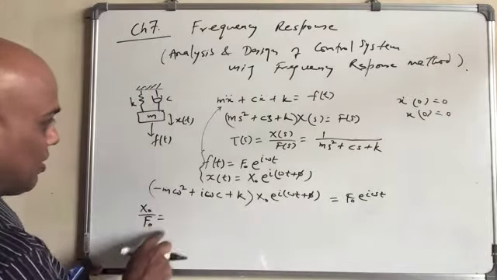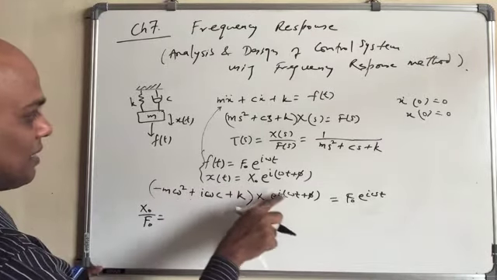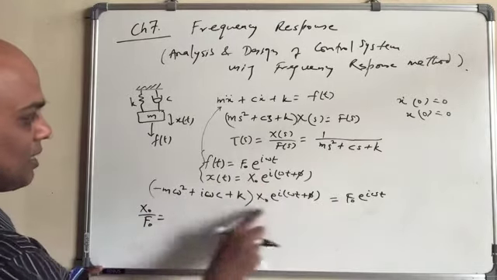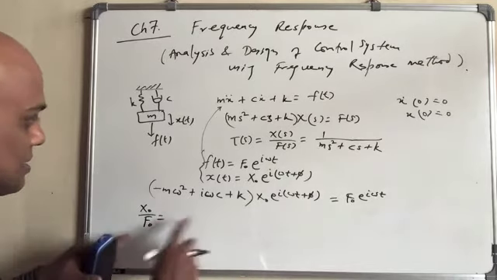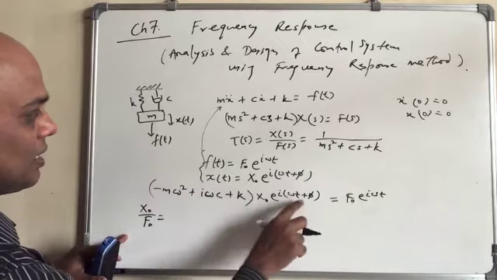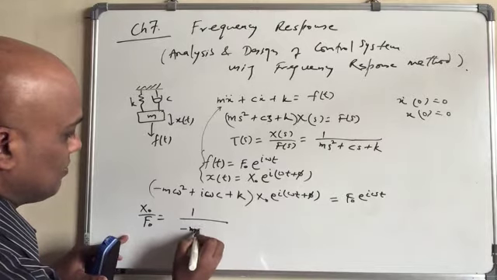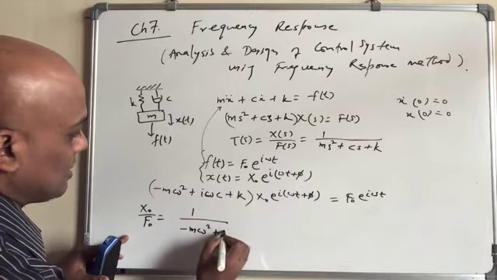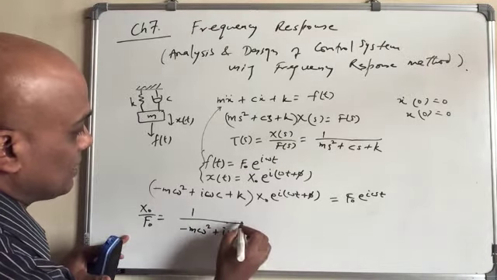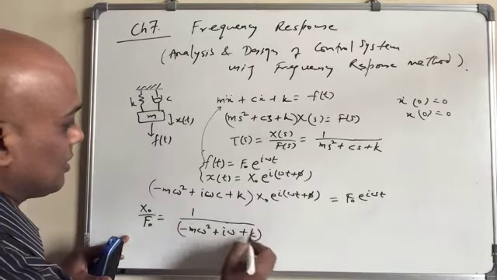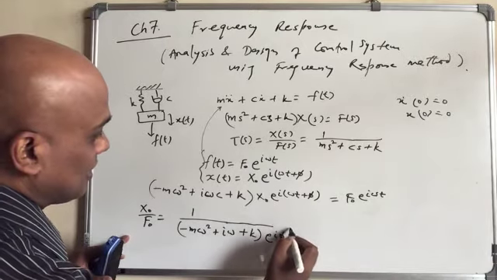So x naught over F naught, you get 1 over minus m omega squared plus i omega c plus k, multiplied by e to the power i phi.